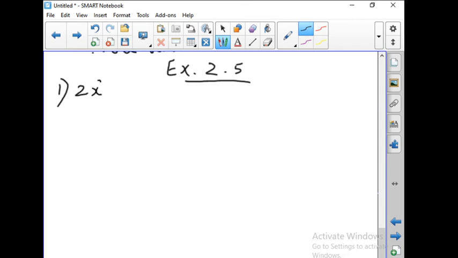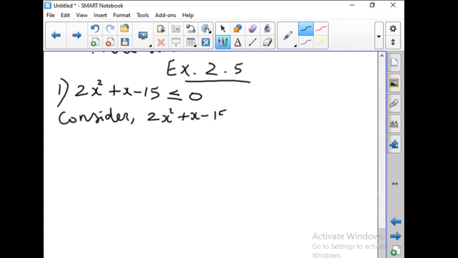2x² + x − 15 ≤ 0. Okay, so we'll consider now 2x² + x − 15 = 0.